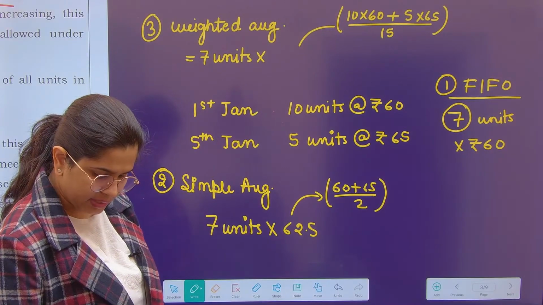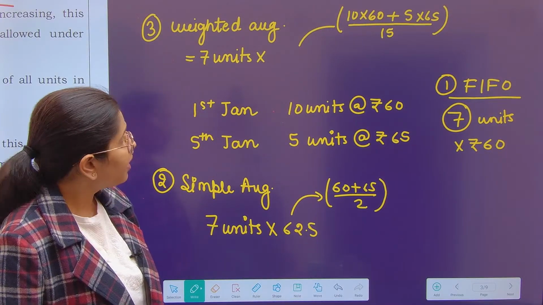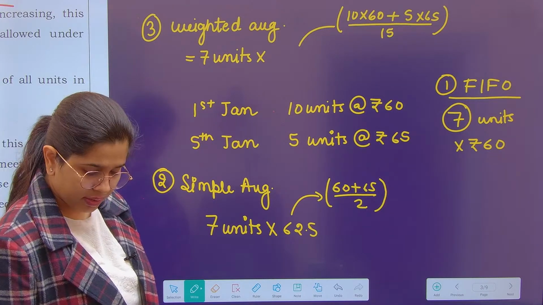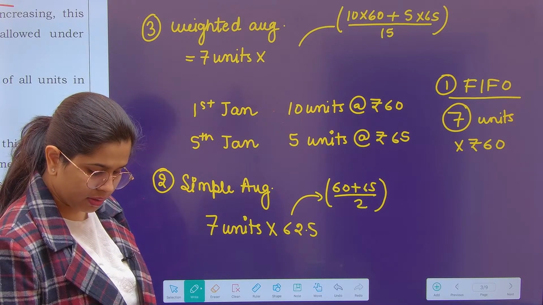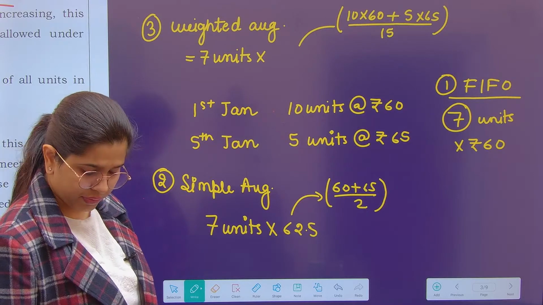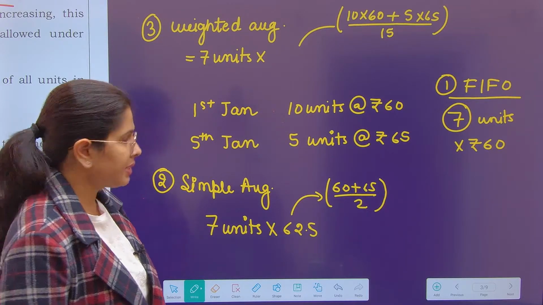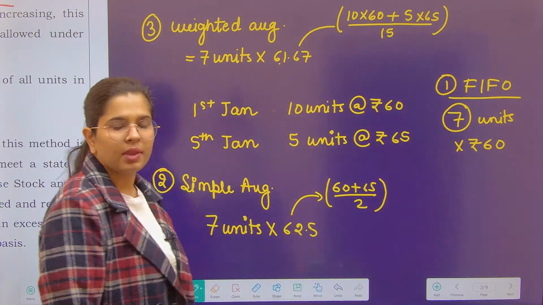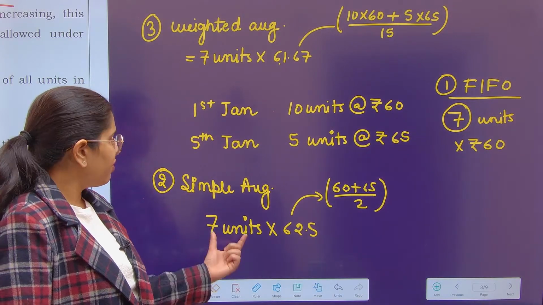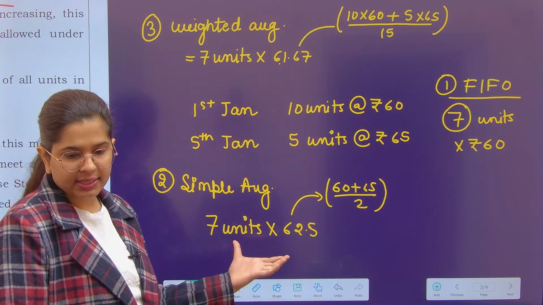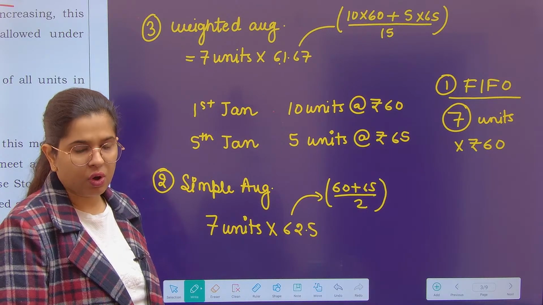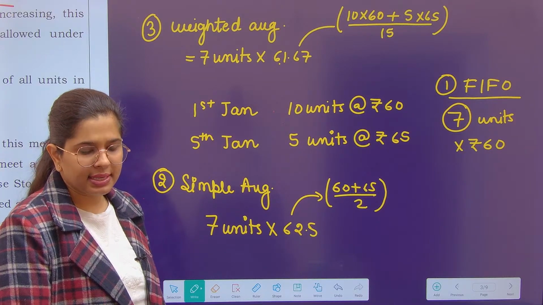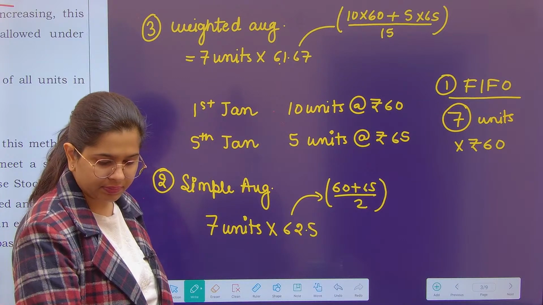Let's see what answer comes. 10 multiplied by 60 and 5 multiplied by 65, correct, divided by your 15. 61.67. So this is how I will do the valuation of my raw material consumption into my cost of production process. All these things tell me how I can do the valuation. Are these examples clear to you or not?